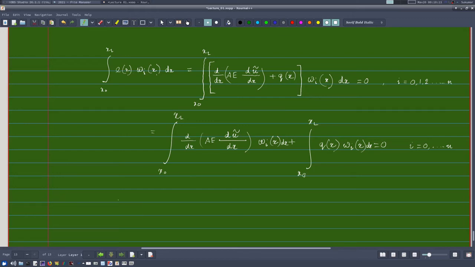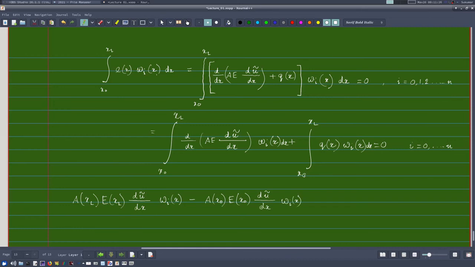So the boundary terms are: A at x equal to L into E at x equal to L, into the second function du tilde/dx into the weight function w_i(x), minus A at x naught into E at x naught into du tilde/dx into w_i(x). These are my boundary terms.